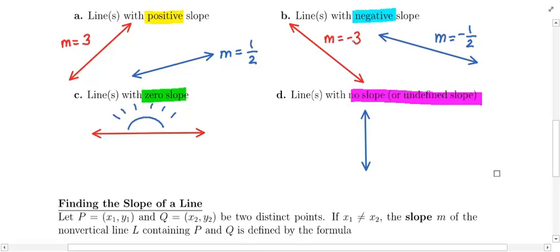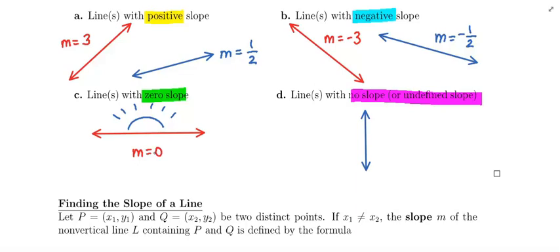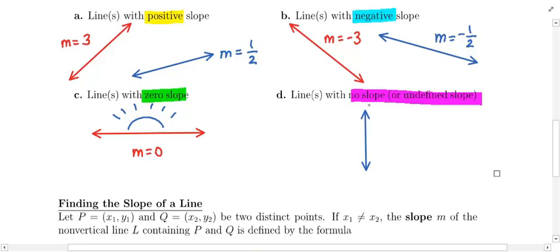In part C, where I drew the red horizontal line, its slope is 0, so you can say the m value is 0. And lastly, a vertical line has no slope or undefined slope. When you're writing down the m value, there's really no number to represent no slope or undefined slope.